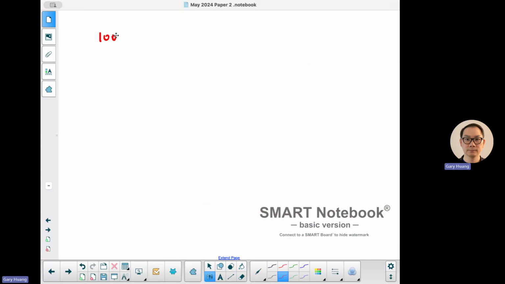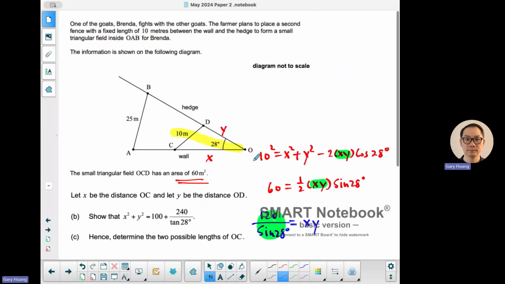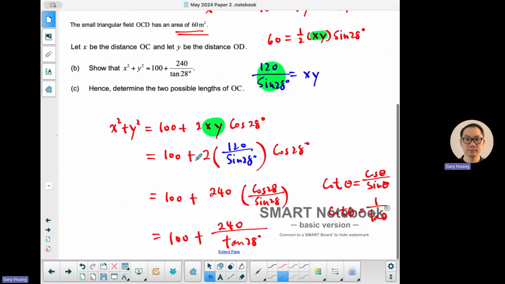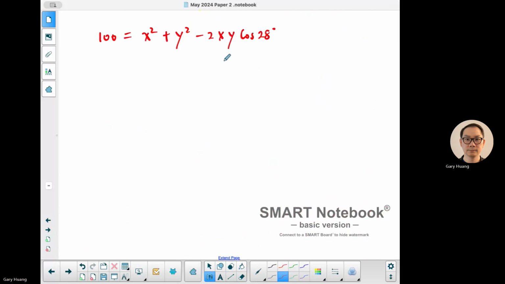So 10 squared, 100, is equal to x squared plus y squared minus 2xy cosine 28 degrees. Now, we already know what xy is equal to and have simplified it, right? xy is equal to 120 over sine 28. So we already have this part. I'm going to use this equation instead because it's faster. So that becomes 240 over tangent 28.